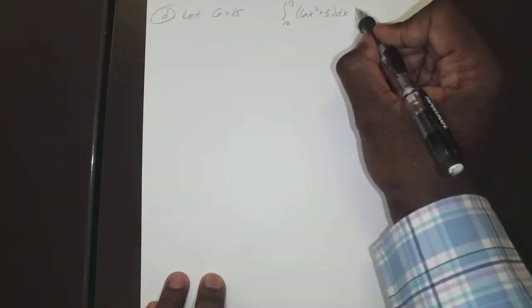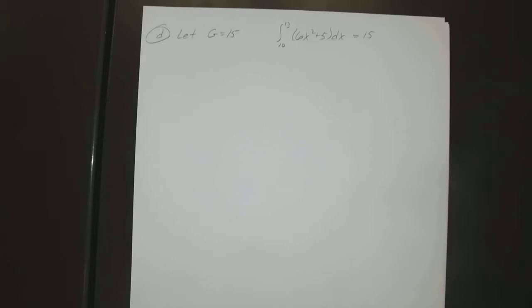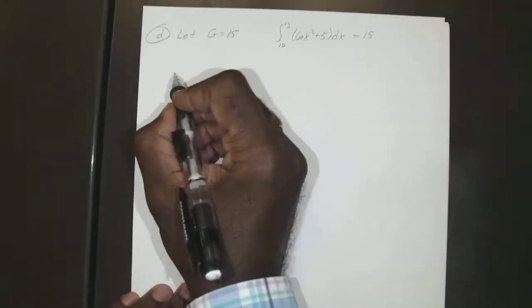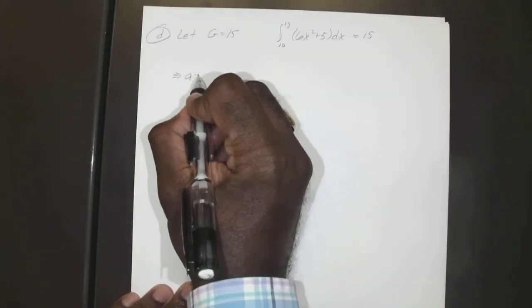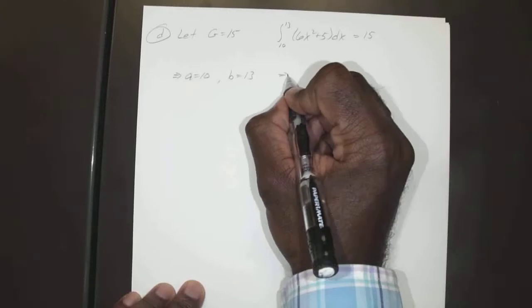That's our G, so we're going to make that equal 15. So again, we're going from 10 to 13. So A equals 10, B equals 13.